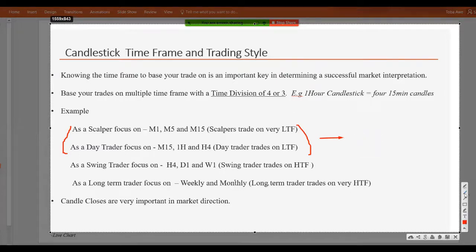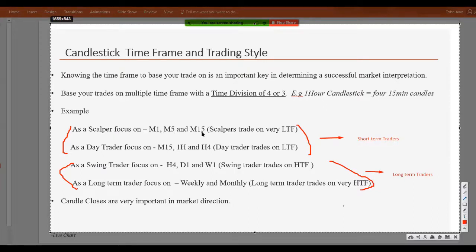While the swing trader and the long-term trader, like an investor, are known as the long-term traders.